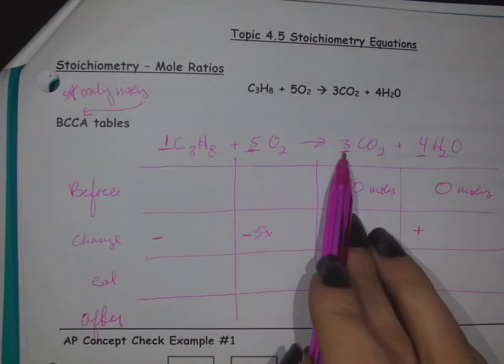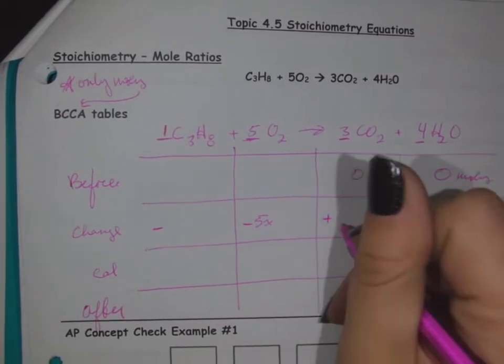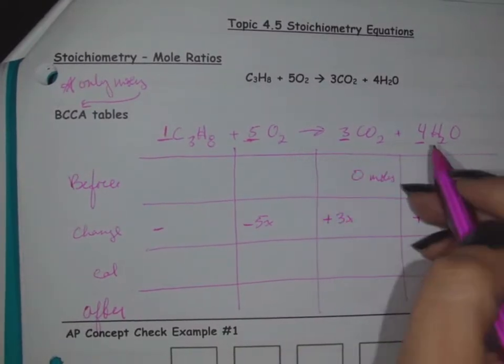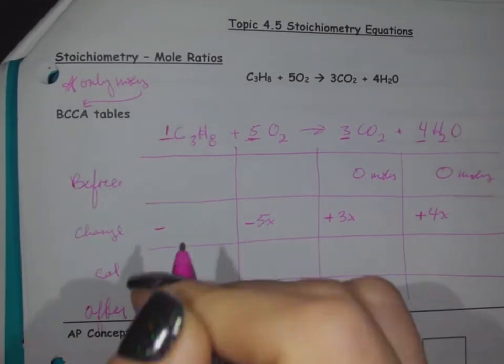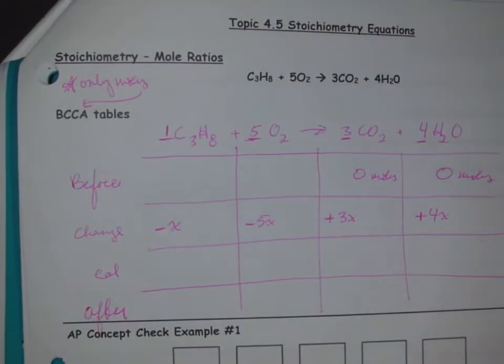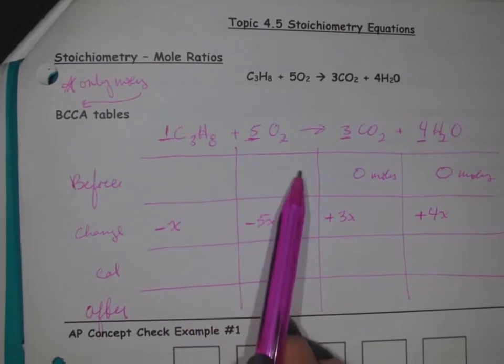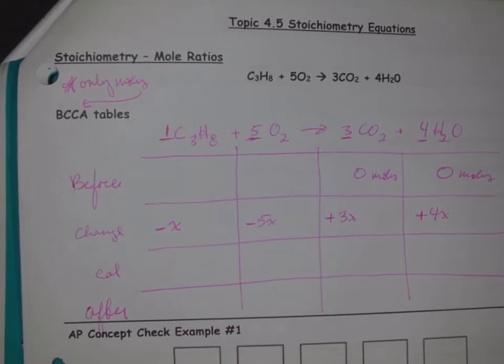Since there's a 3 in front of CO2, this is plus 3x, and a 4 is plus 4x. When it's 1, it's just x. One of these reactants is the limiting reactant and one is the excess reactant, and we don't know how much we have of each yet.